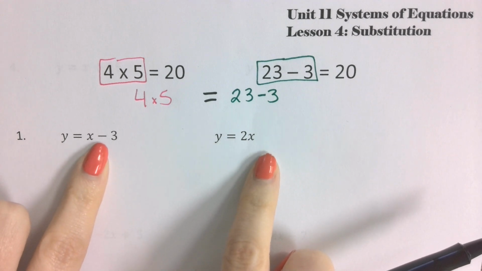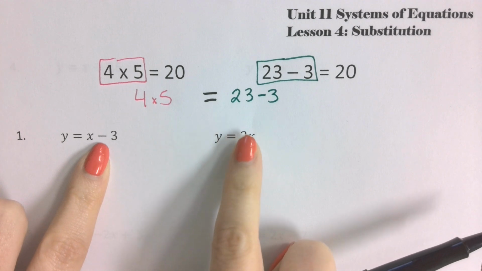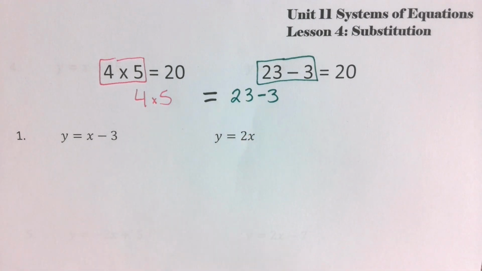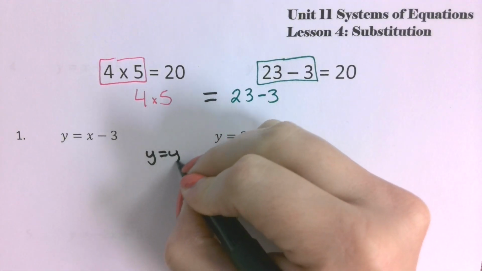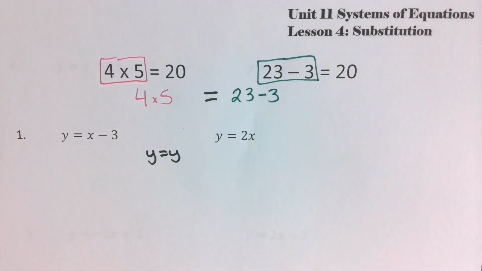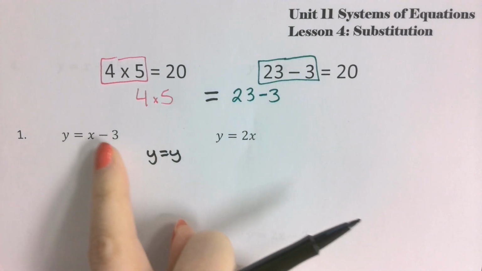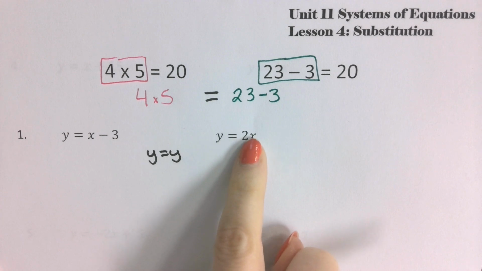But if I take x and I subtract 3, that's going to be one way to solve for y. If I take x and I multiply it by 2, that's another way to be able to solve for y. And since I know that y is equal to y, I know that that's a true statement. Y is the same thing as y, then that means that the x minus 3 is also the same thing as the 2x.